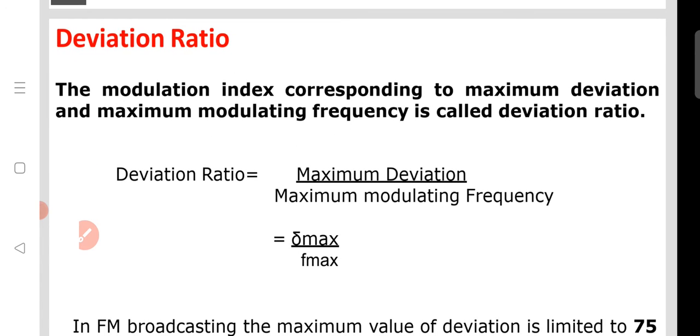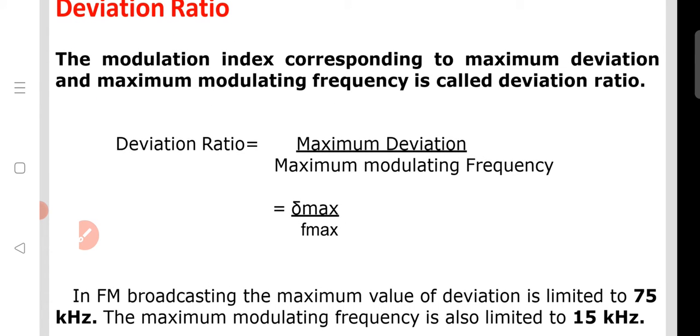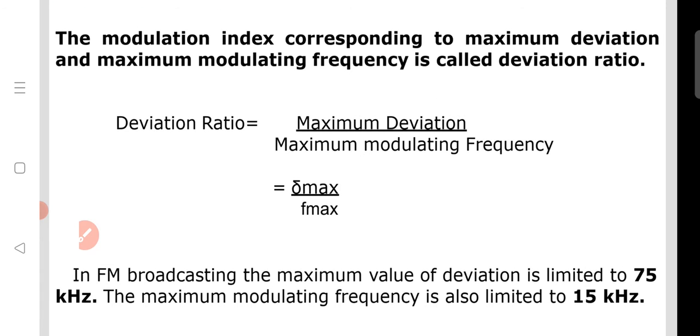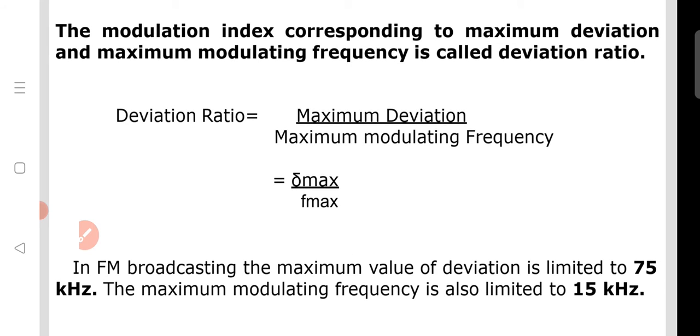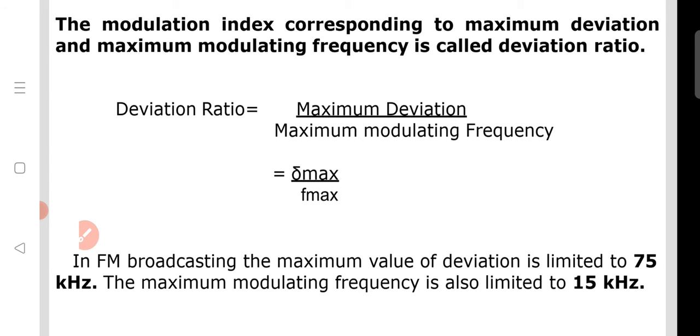Okay, deviation ratio: the modulation index corresponding to the maximum deviation and the maximum modulating frequency is called the deviation ratio. The maximum deviation occurs at the positive peak of the modulating signal, and the maximum modulating frequency is f max.